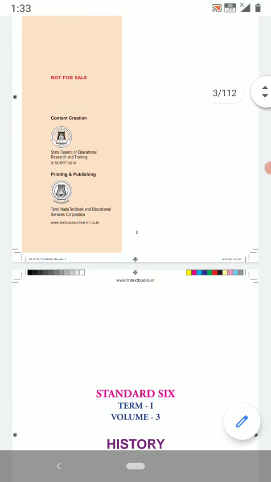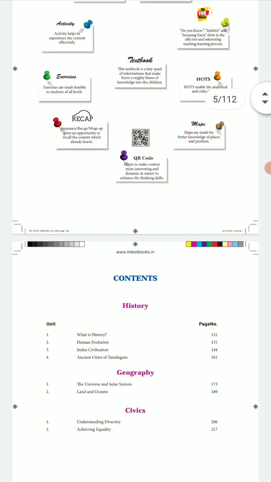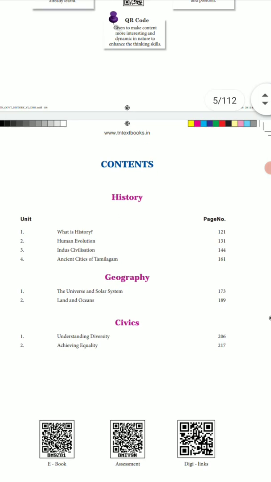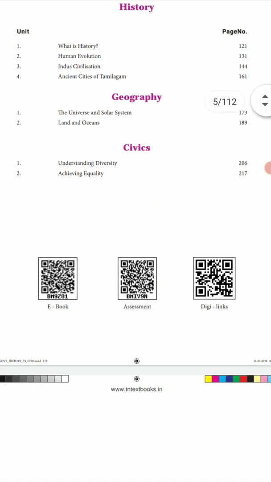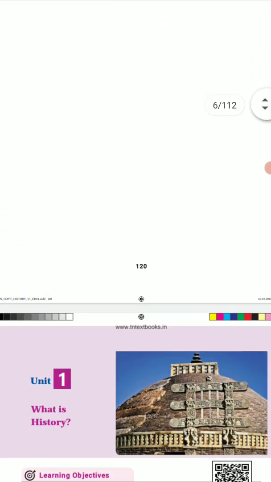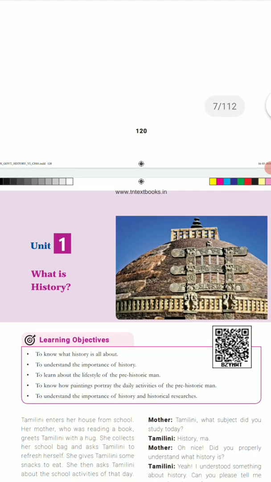The 4 are history, geography, civics and economics. Now in today's session we are going to start one history lesson.